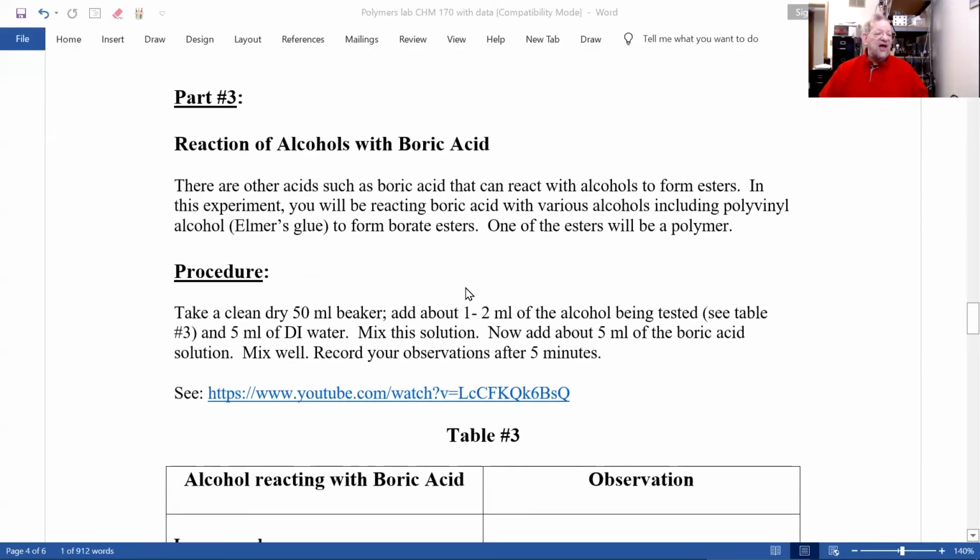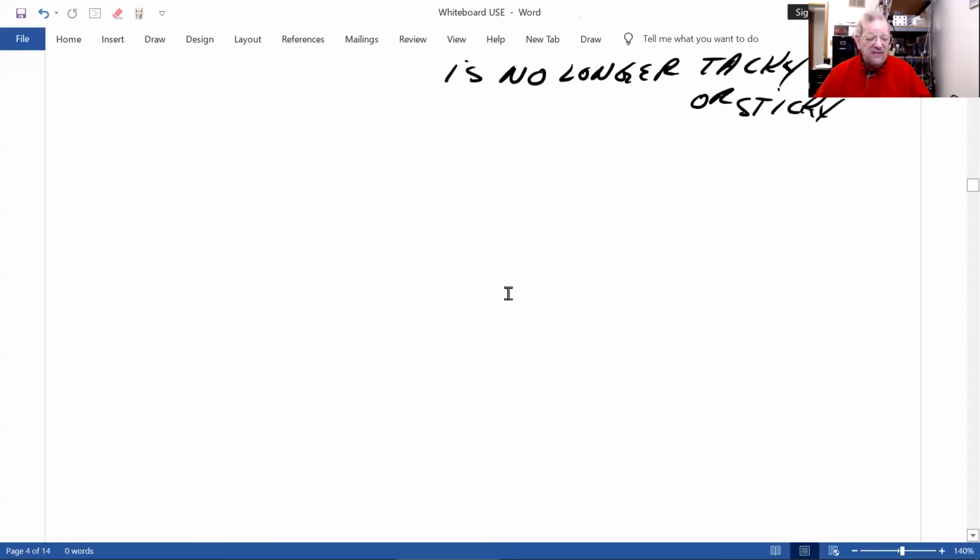All right, the last lab, I want to talk about the reaction of alcohols with boric acid. And actually, we use a sodium borate, but I'll show it for boric acid. Take an alcohol, react it with boric acid.